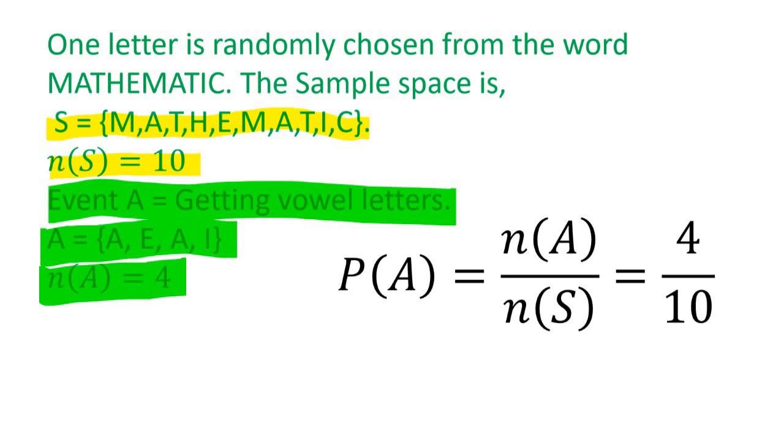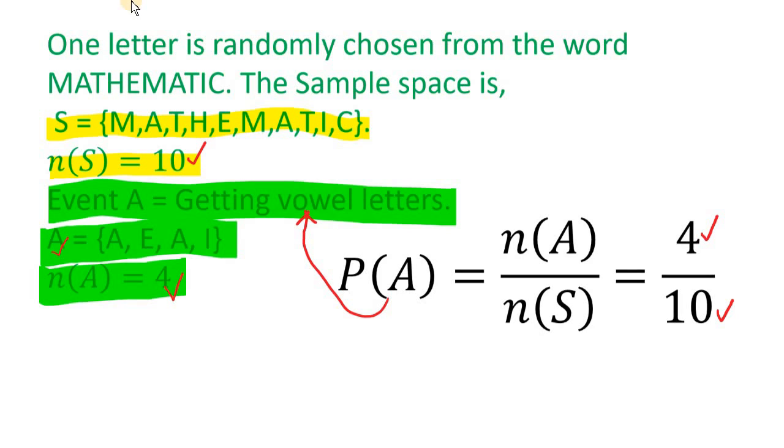So the probability of getting a vowel letter is equal to 4 over 10. 10 because the number of sample space is 10, and 4 because there are only 4 items in the event set.